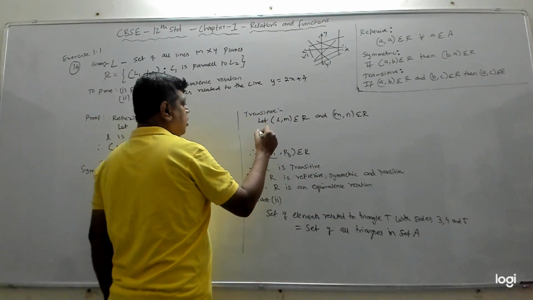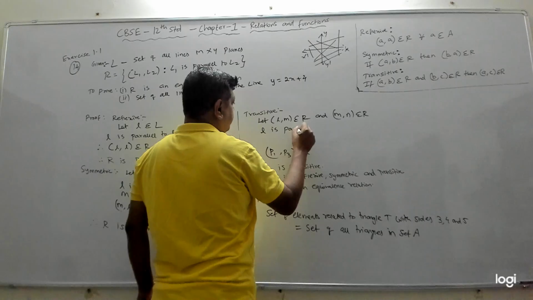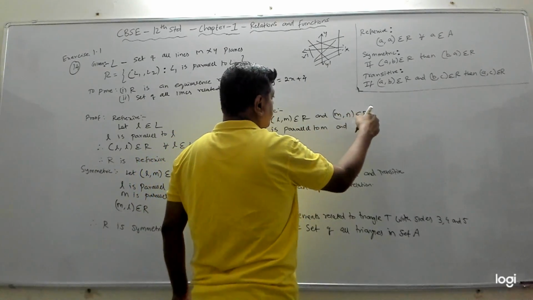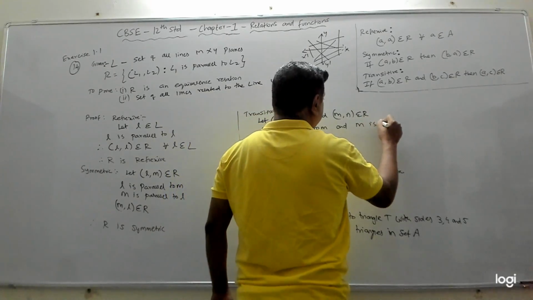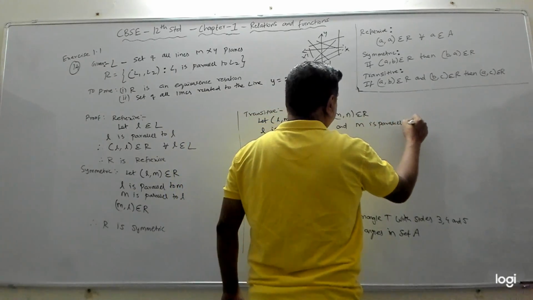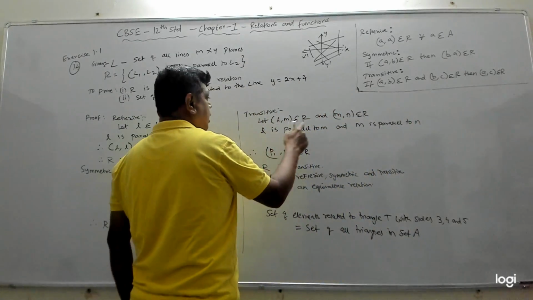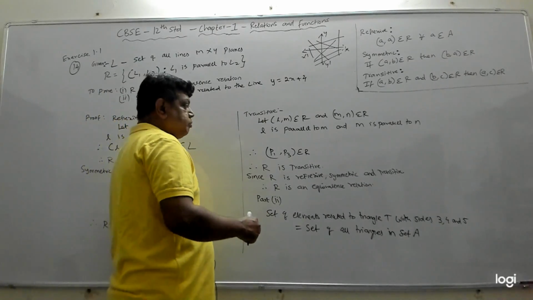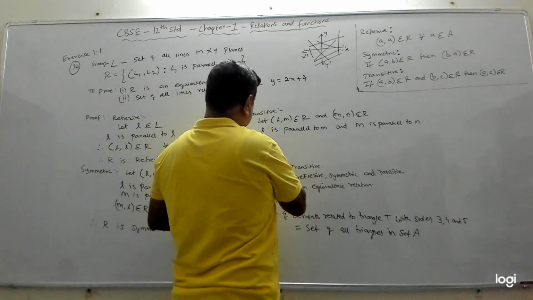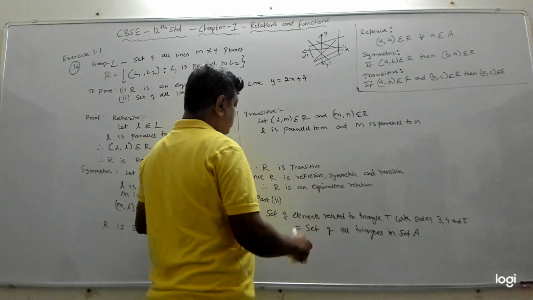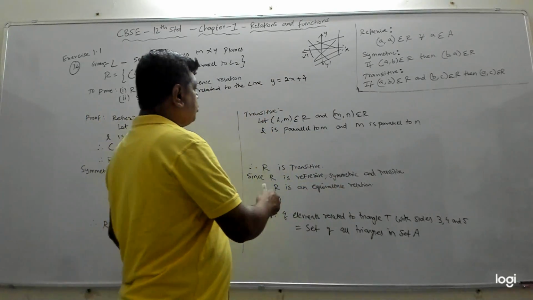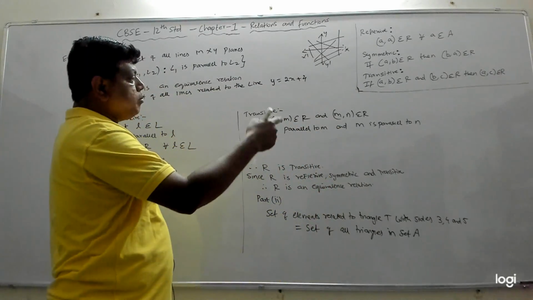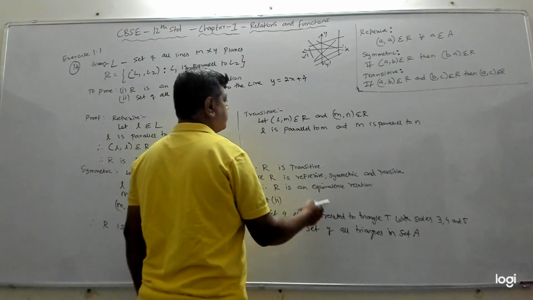L, M belongs to R means L is parallel to M, and M, N belongs to R means M is parallel to N. When L is parallel to M and M is parallel to N, we know that any line that is parallel to a line which is parallel to both the lines, right? L is parallel to M, M is parallel to N means you can say L is parallel to N.